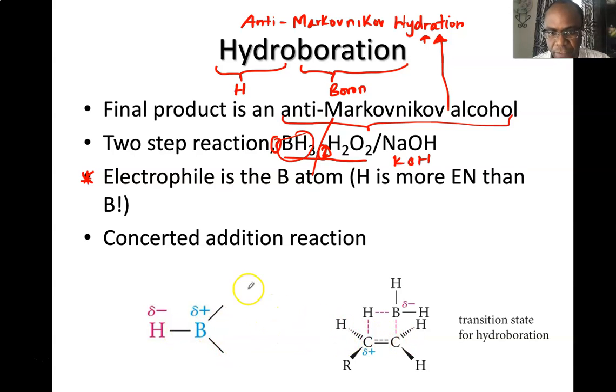So let's say you have a double bond, okay? If the double bond has 1 more substituted end, let's say you have this kind of double bond. As you can see, the left side of the double bond is more crowded. You have an isopropyl group, right?